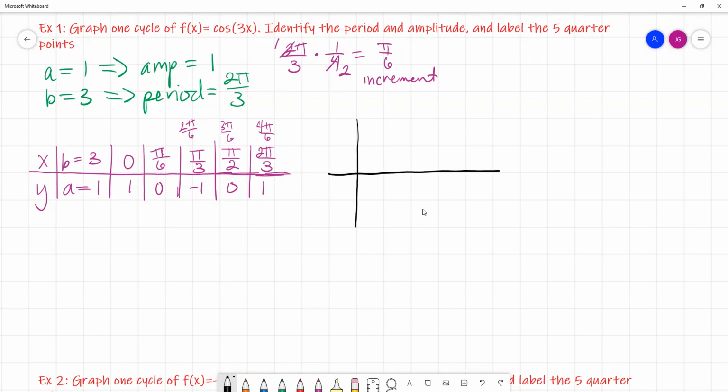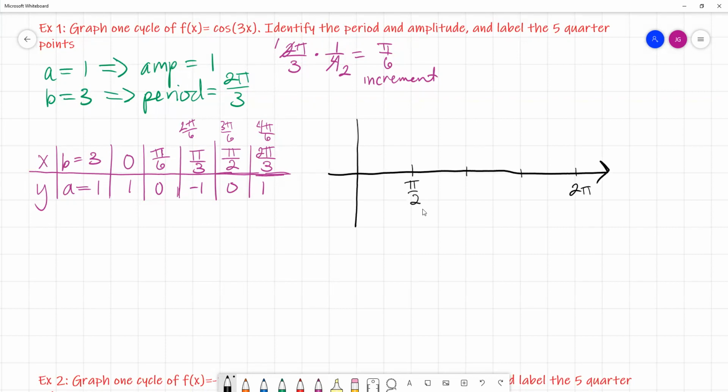So 1, 2, 3. Okay, so if I do this correctly, pi over 2, pi, 3 pi over 2, 2 pi. So 2 pi is here. I don't really care about these other two, but I do care about this one being pi over 2, because that's part of our increment. That's one of our x values, one of our quarter points. And so we're going to end up at 2 pi over 3. We know pi is right here.